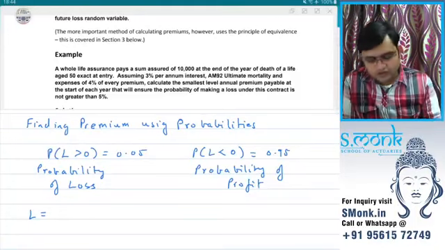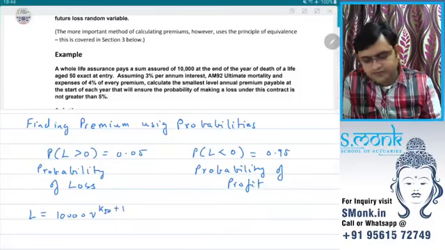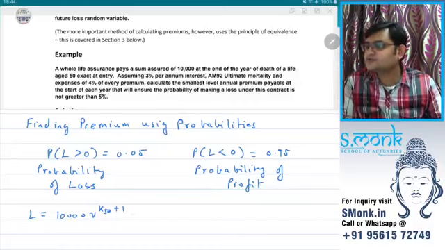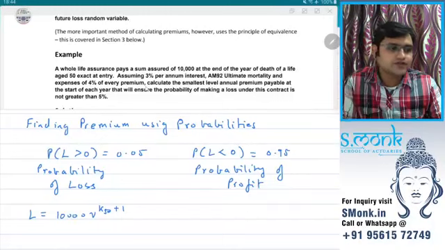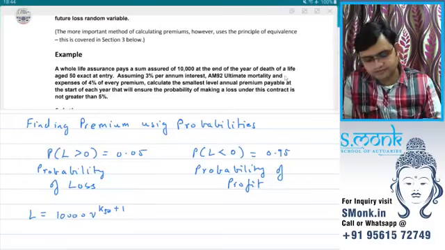We have a whole life policy, so 10,000 v raised to K 50 plus 1, I guess age is 50, minus, we will have some expenses as well. The expense they are saying is 4% of every premium, so we can just subtract 4% from our premium.